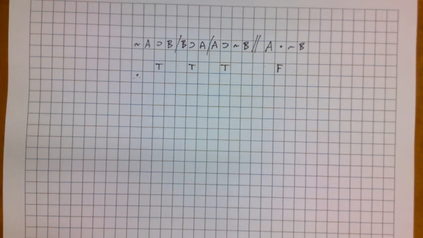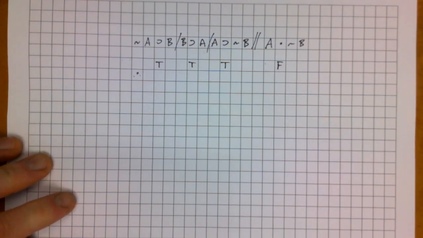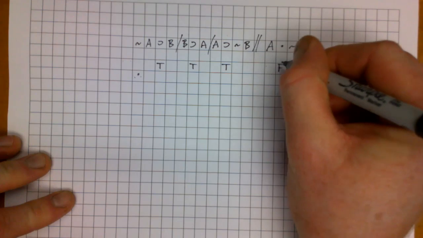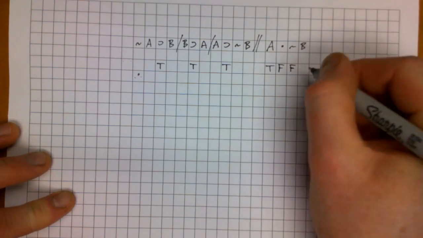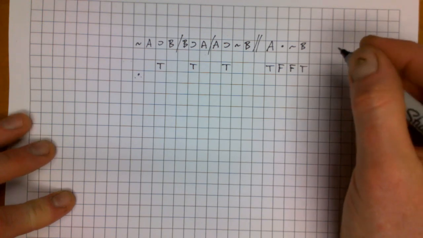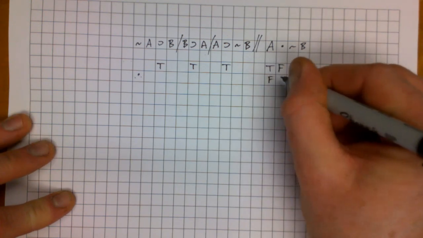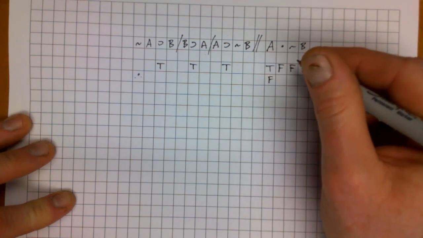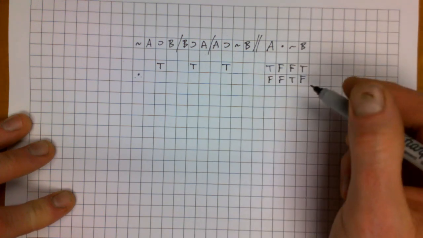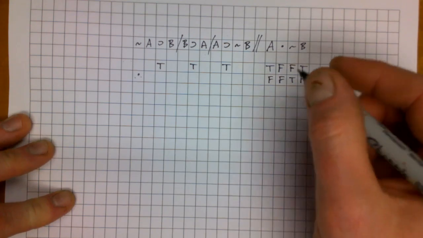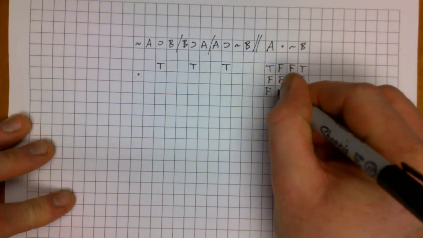For this demonstration, we're going to focus on the conclusion. Since the conclusion is a false conjunctive statement, the first conjunct can be true and the other false. The first one could be false, and the other one true, or they could both be false.